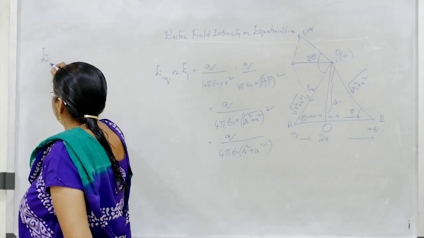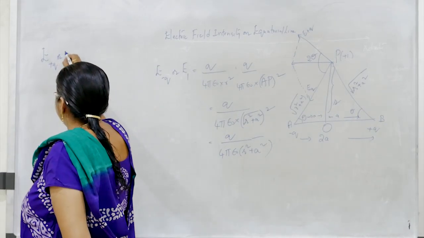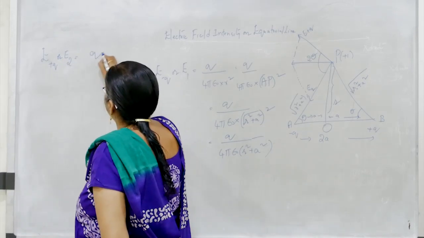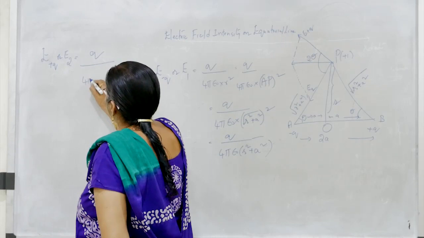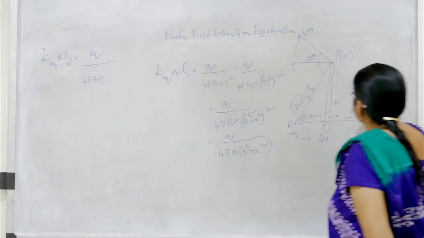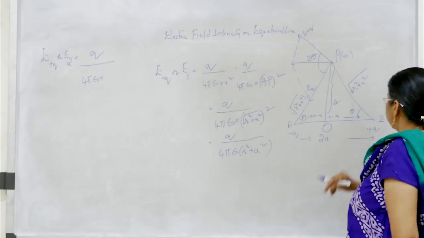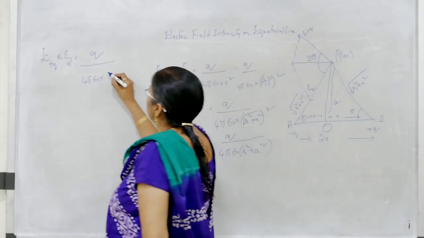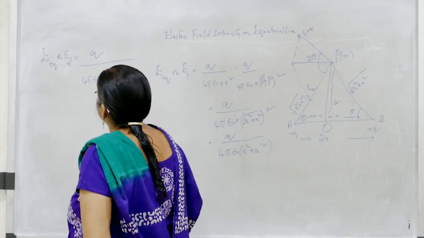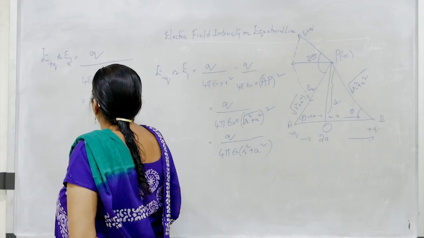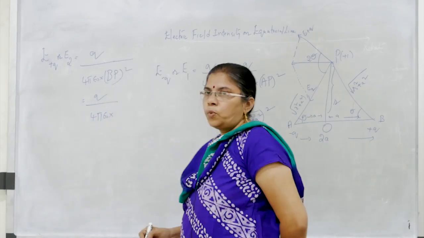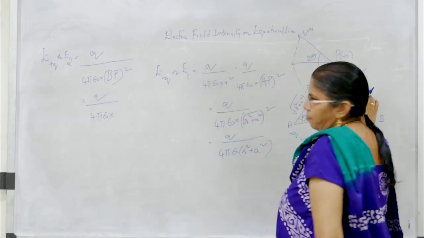Next one, I want to calculate E plus q, or this is written as E2. So this is q by 4 pi epsilon naught into, you write, BP whole square. So this is the distance of separation into BP whole square. So this is given by again q by 4 pi epsilon 0 into BP square, which means again it is root over r square plus a square.